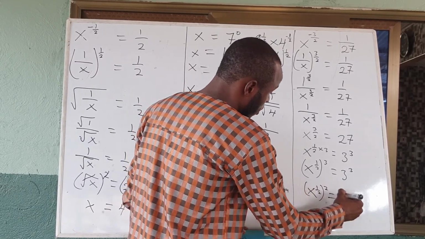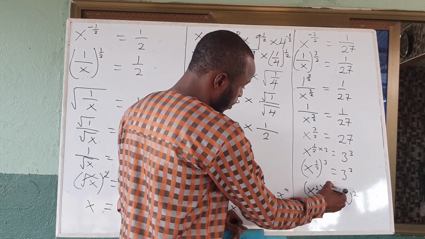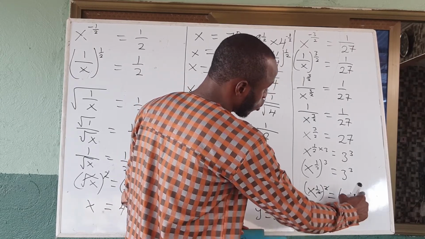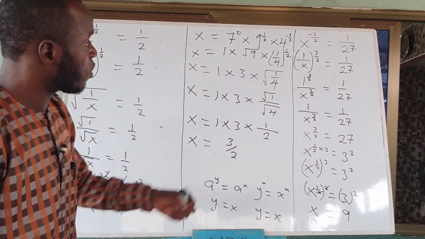When we square here and also square here, this 2 will cancel this 2 and we're left with x to the power 1, which will give us x. So 3 to the power 2 will give us 9. And this will be the solution for the question.